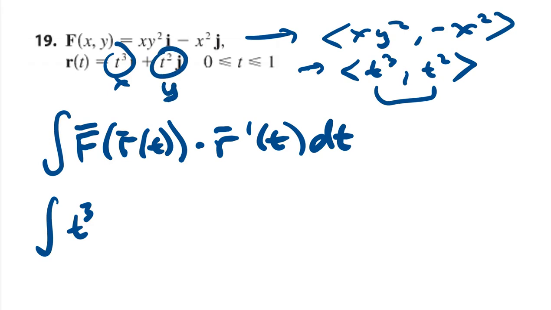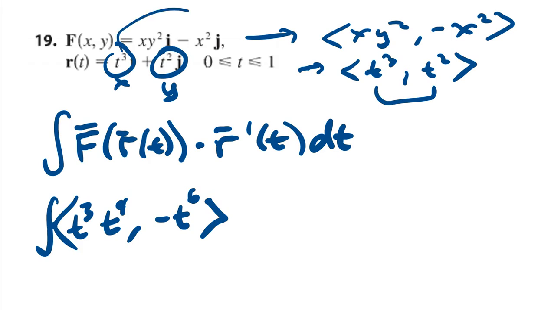So it's t cubed, t to the fourth, because that's y squared, comma, and then negative x squared will be negative t to the sixth, because you plug in t cubed into x squared.